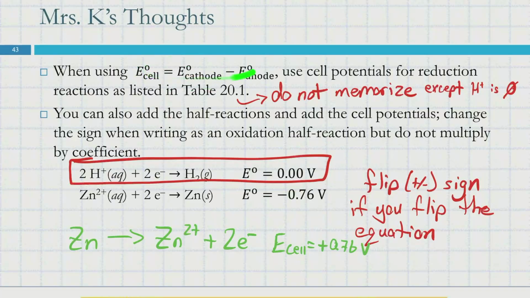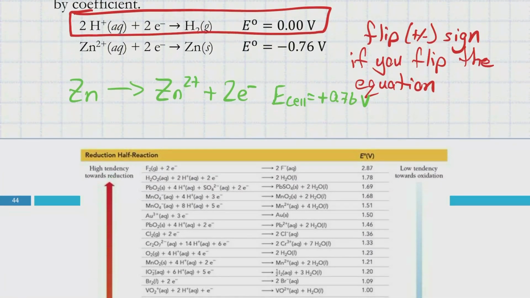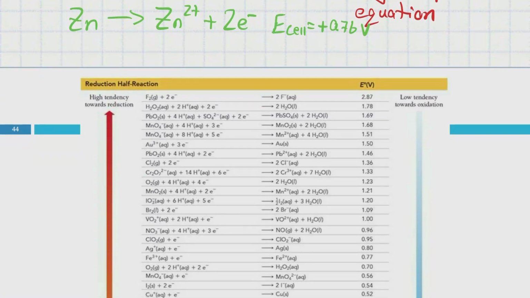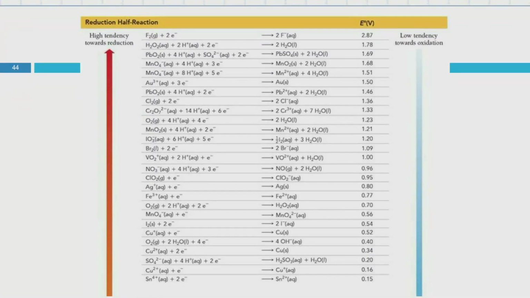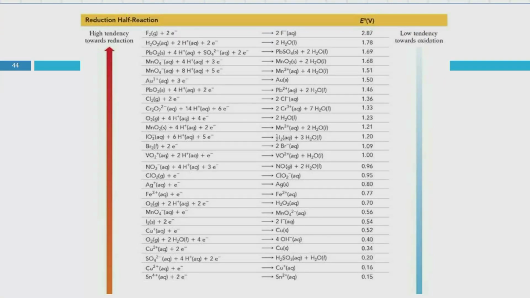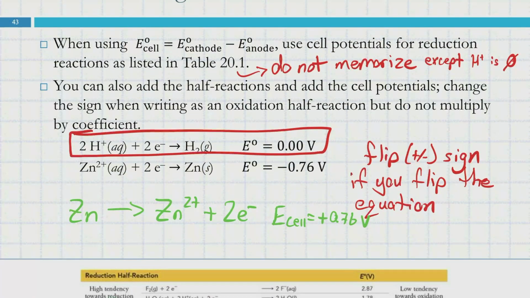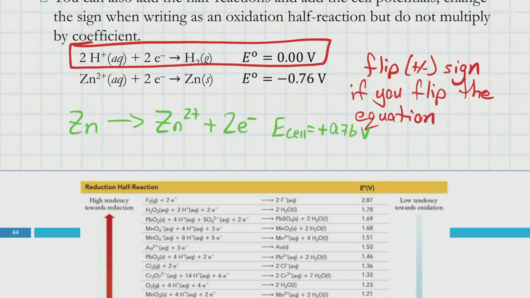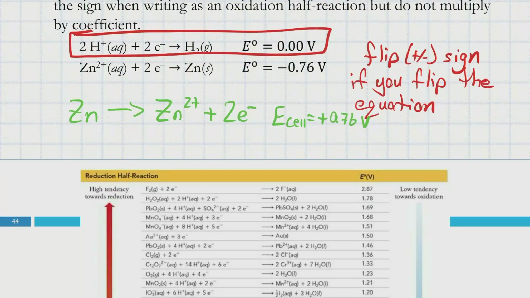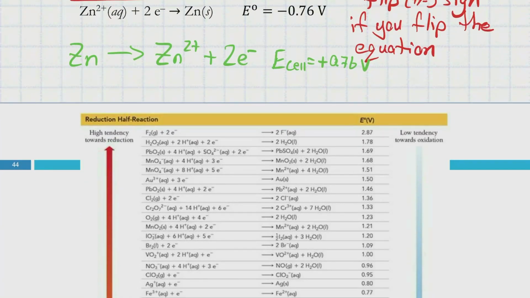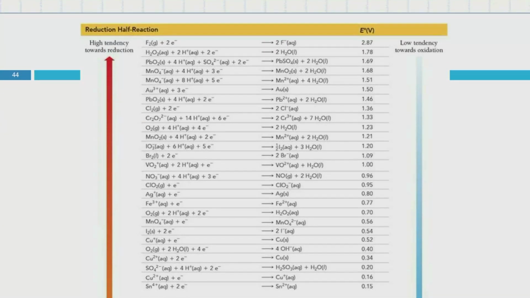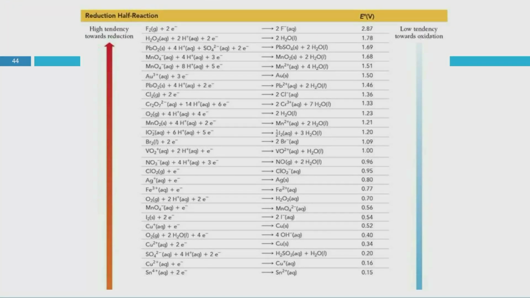Or you can use this E cell equation. This is half of the table, so this is all the positive E cell values. It's in your book. It should be 20.1, or if you've got a different version of the book, it might be slightly different. Whatever this chapter is, it'll be in there. So here's all the positive cell potentials.